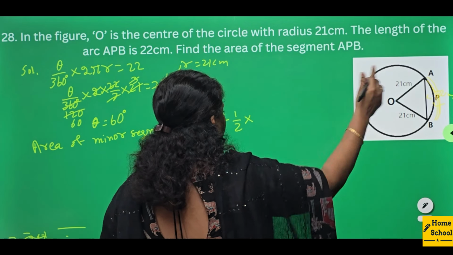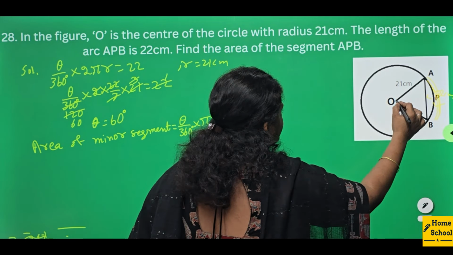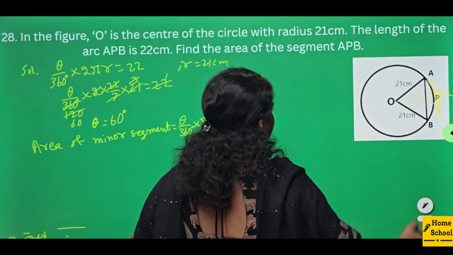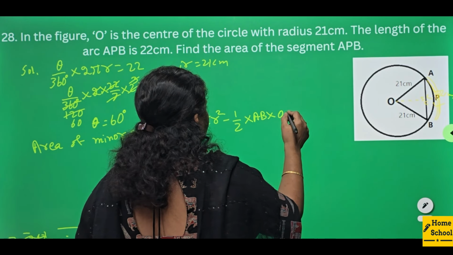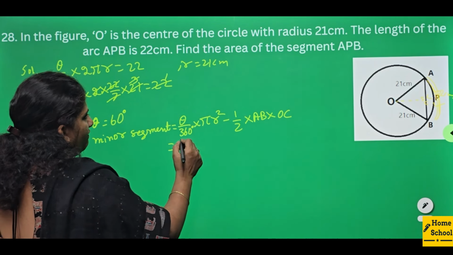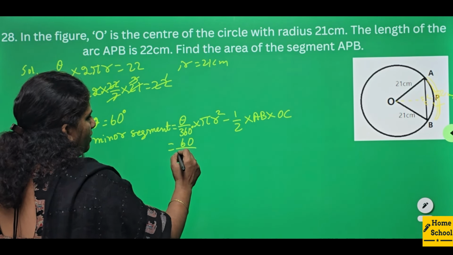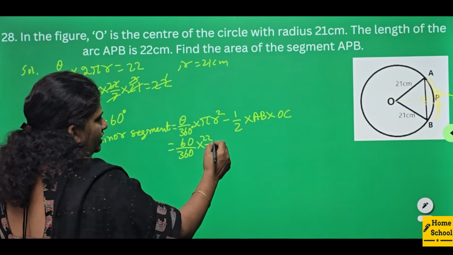For this triangle, what is the base? AB. And what is the height means? Draw a perpendicular, it will be right angle. And mark this as C. Take height as OC.